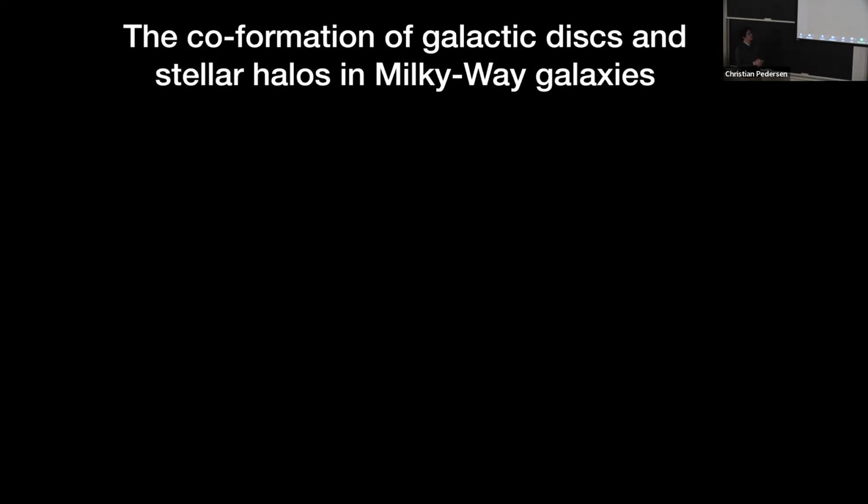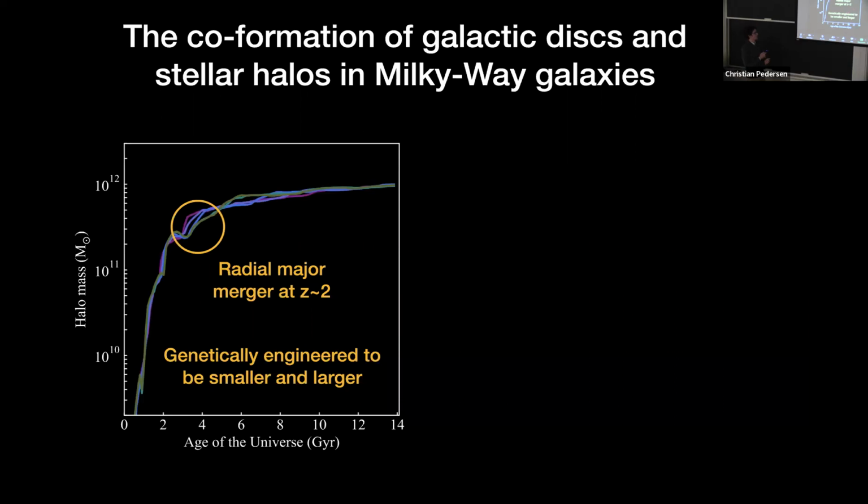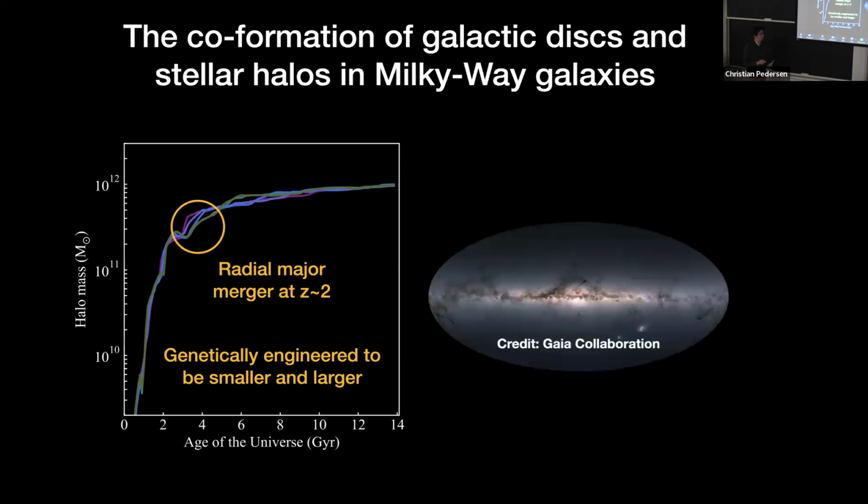And some of you that have heard of this might have realized already that this is not a totally randomly picked merger scenario. That's because a radial merger at redshift 2 is exactly what we believe happened to our own Milky Way. These are findings that came out of the Gaia data releases that saw debris in the halo of the Milky Way and inferred that it must have undergone a radial major merger at redshift 2.